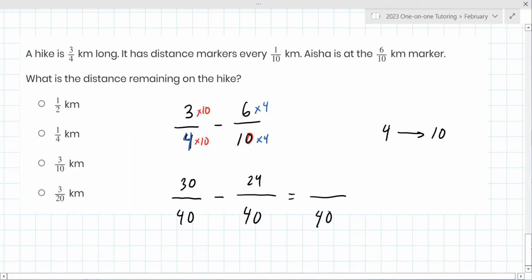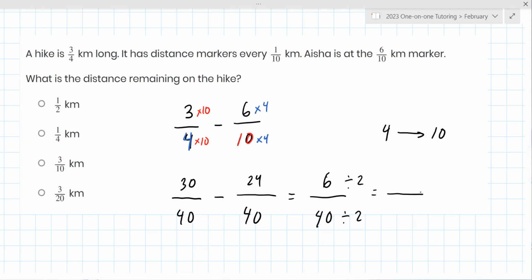All right. What is 30 minus 24? 6. Yes. Okay. Now, can each of these problems be reduced by 2? Yes. What is 6 divided by 2? 6 divided by 2 is 3.